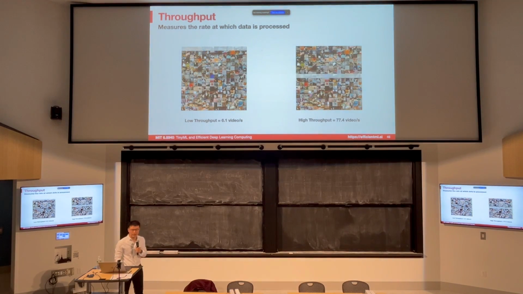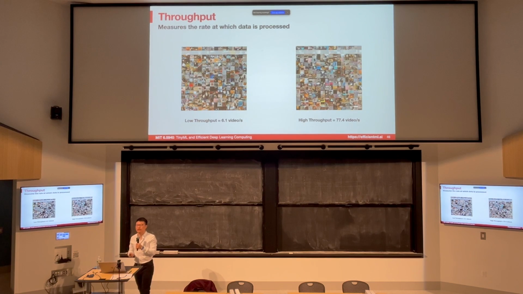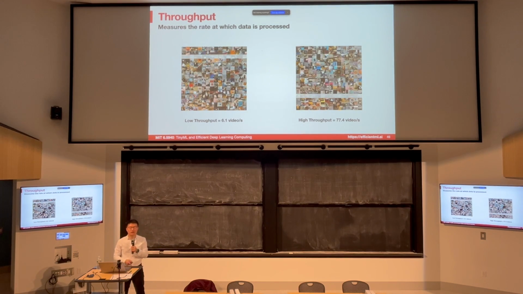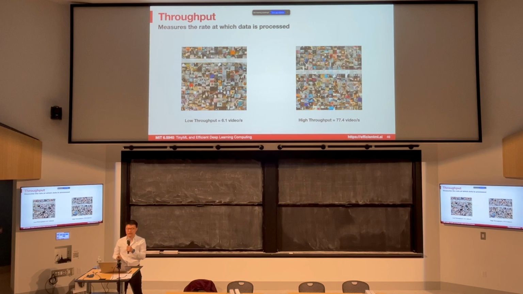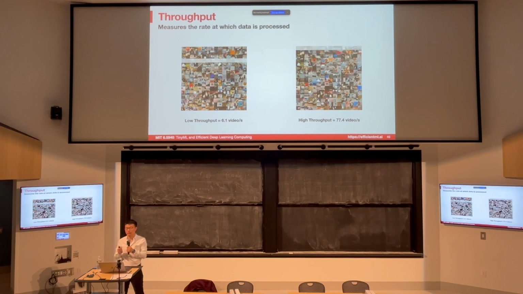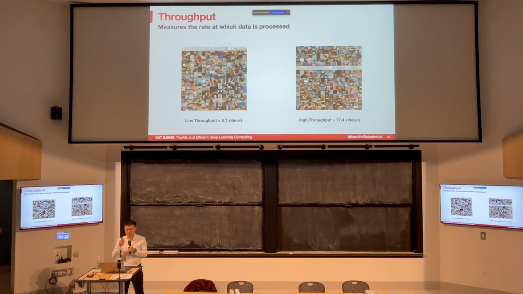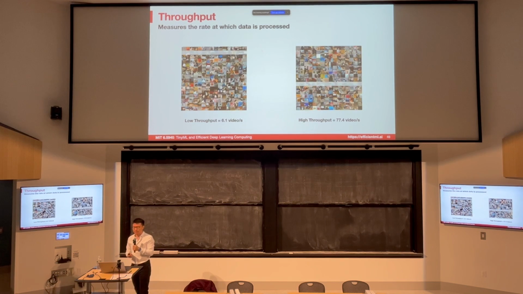What is throughput? It measures the rate at which data is processed. On the left-hand side is low throughput. You can process 6 videos per second. On the right-hand side is high throughput, 77 videos per second. This is from the temporal shift module paper for video understanding we are going to introduce later.